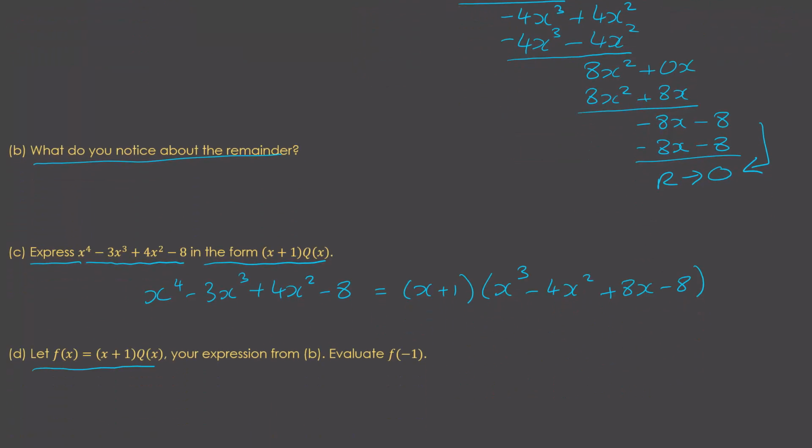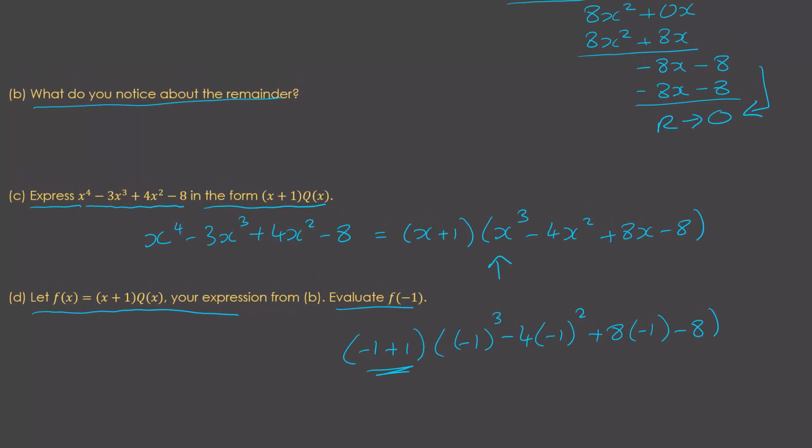Let f of x be equal to that and evaluate f of negative 1. Well, if we substitute negative 1 into this, we get negative 1 plus 1, and then we'll have negative 1 cubed minus 4 times negative 1 squared plus 8 times negative 1, take away 8.